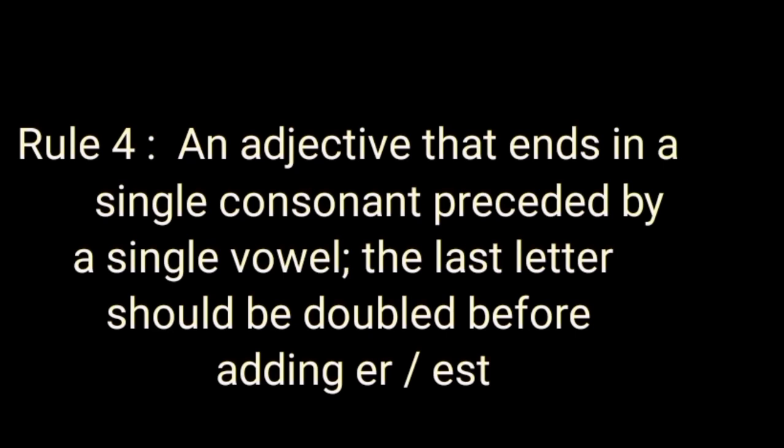Rule number 4: an adjective that ends in a single consonant preceded by a single vowel. The last letter should be doubled before adding er or est in order to get the comparative and superlative respectively.